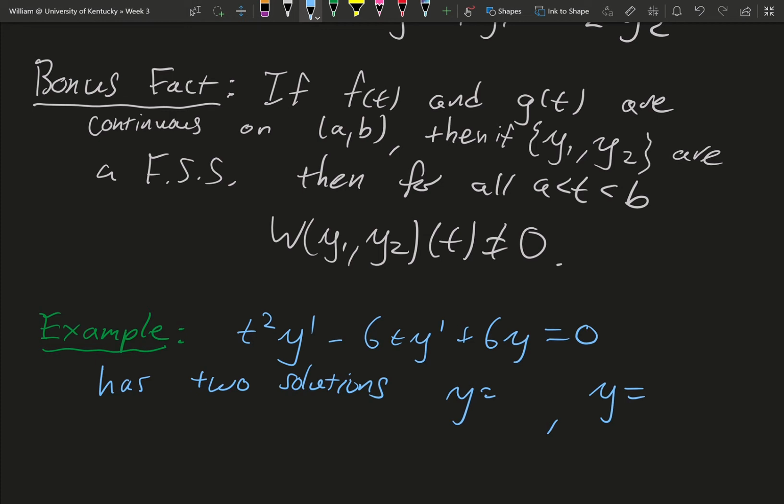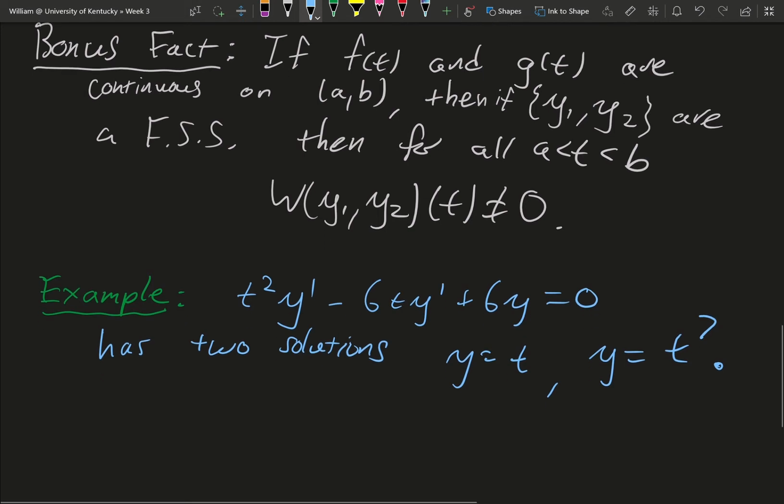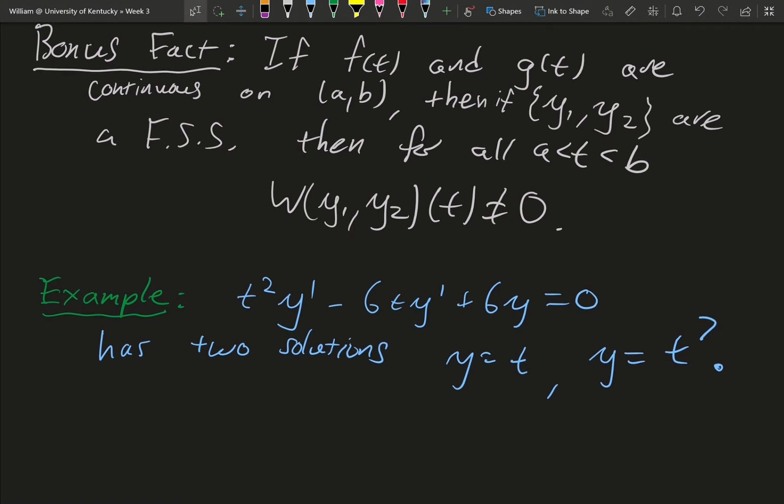Okay, yeah, and then this should have solutions y equals t and y equals t to the 7th. Yeah, it should work. Oh no, y equals t to the 6th, I believe. Yeah, t to the 6th. Okay.